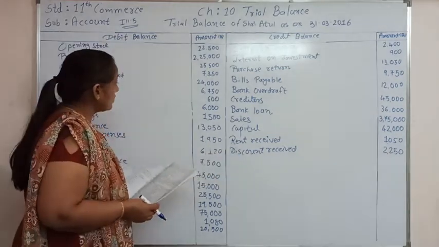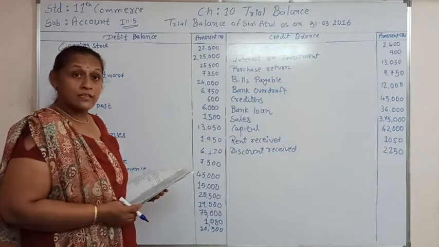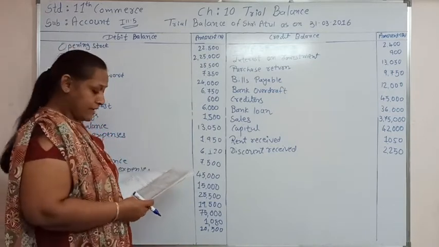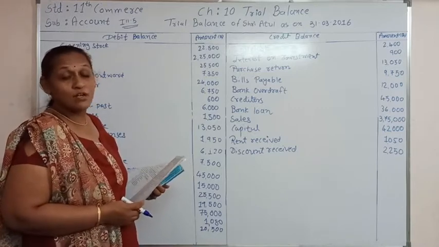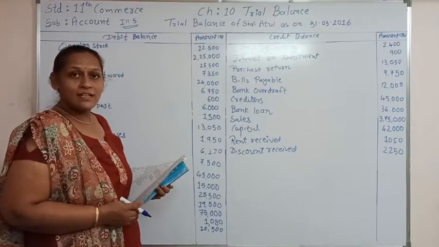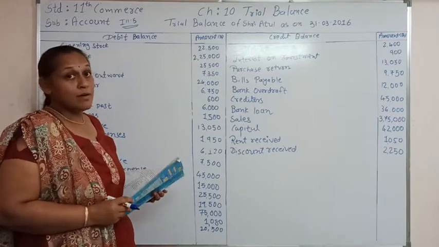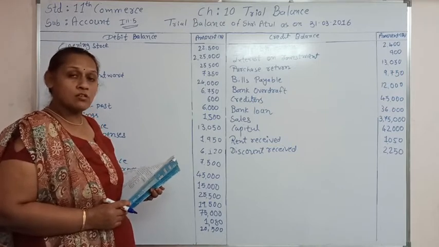If we make the total of the debit side, we can see that there is a balance of 5,39,400, and on the credit side the total is also 5,39,400. So both side totals are tallied. So we can see that this trial balance is mathematically correct as well as correct according to the rules of accounts.